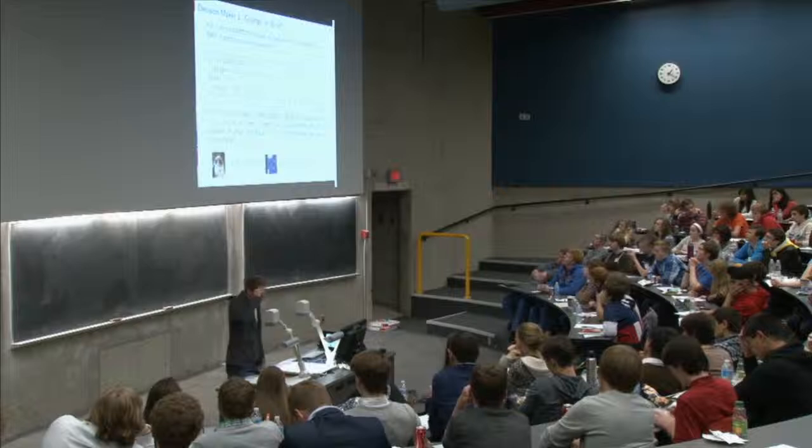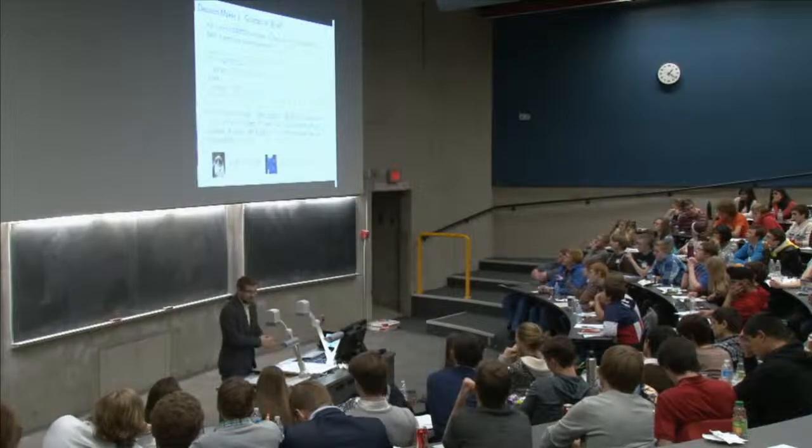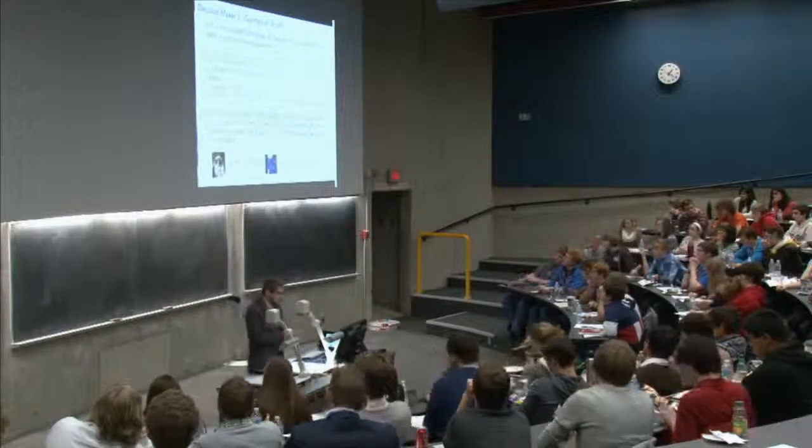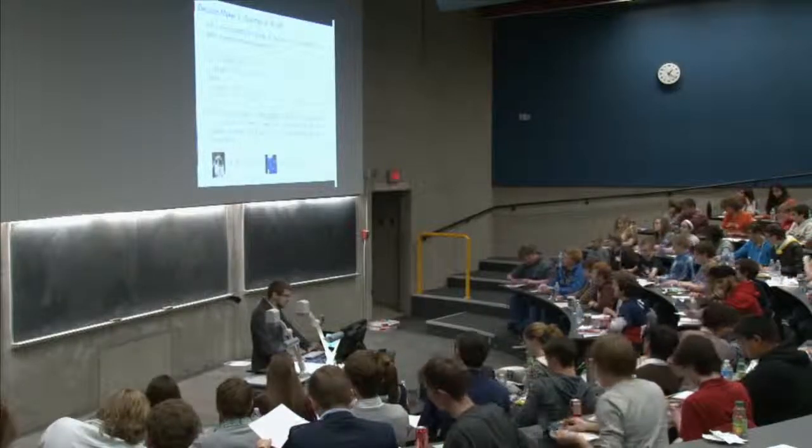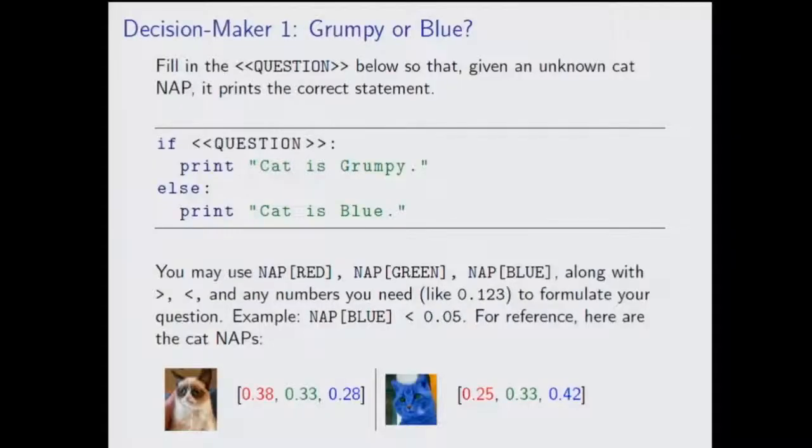Okay, so grab a piece of paper, and I want you to think about and answer the following. I've got a little skeleton if statement here where the question is missing, okay? And I want you to fill in the question so that the right thing happens in terms of the print statements.